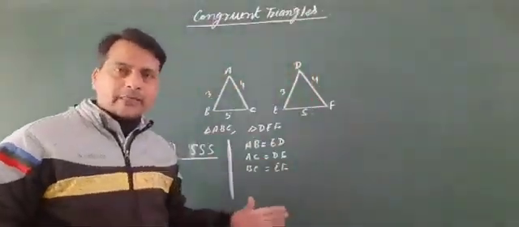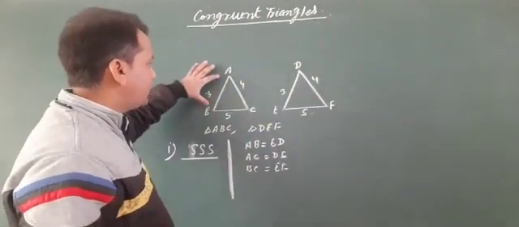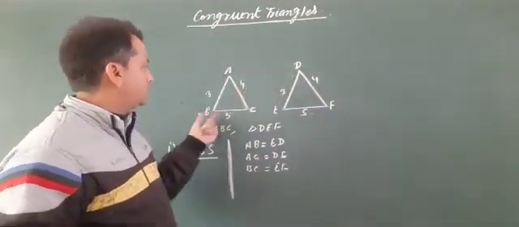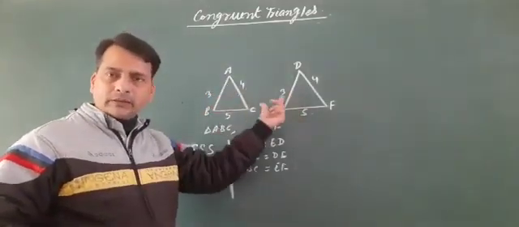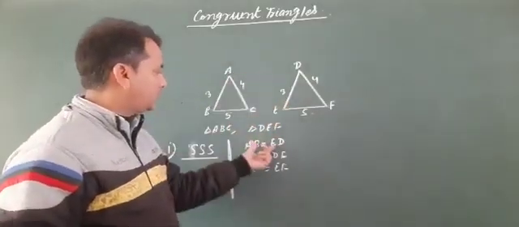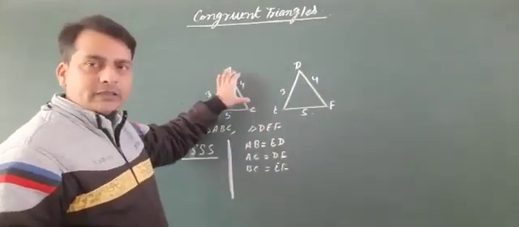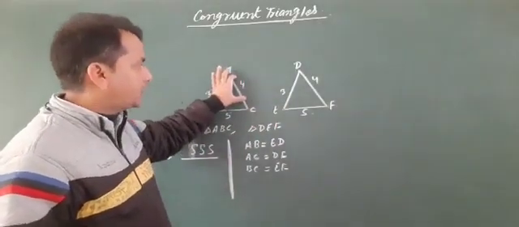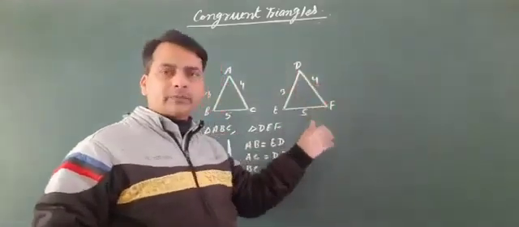Their corresponding sides are the same here, that is AB equal to DE. The length of both sides is the same in this figure, so AB equal to DE. Now next, the length of AC is given here 4 centimeter, and in this side DF equal to 4 centimeter.